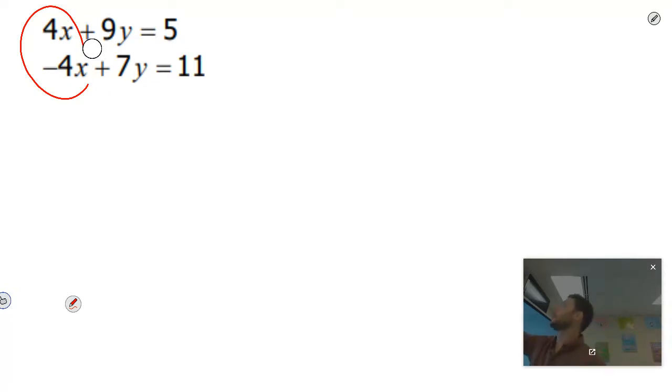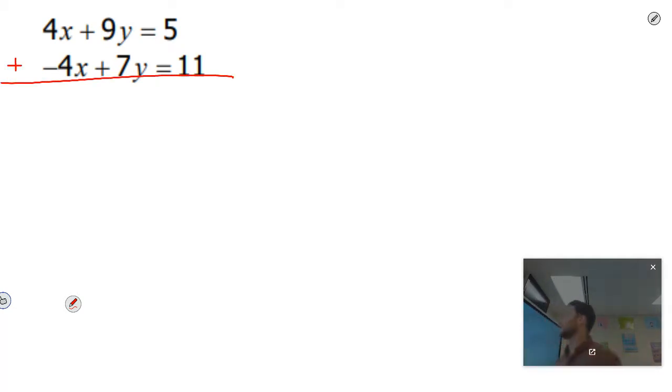So let's see what happens if I try and add these things together. Anytime we're adding, we're combining like terms, right? So these cancel out. Great. We just eliminated x's. There are no more x's now because we eliminated them. 9y plus 7y, and 5 plus 11.